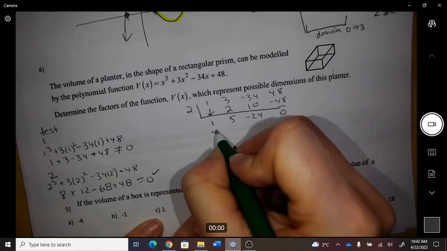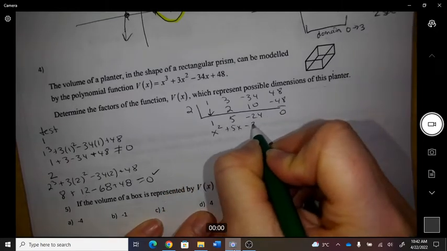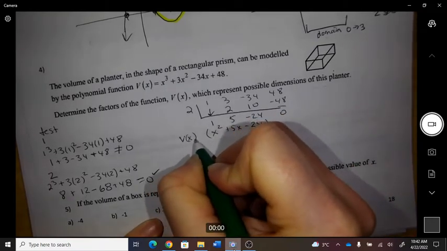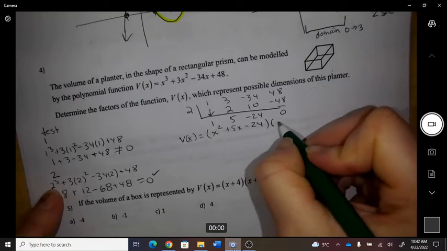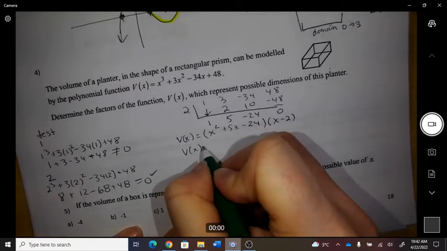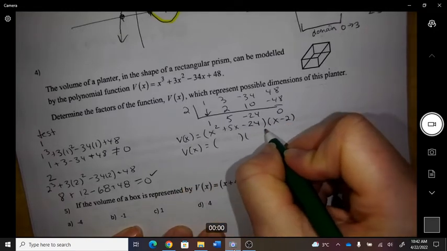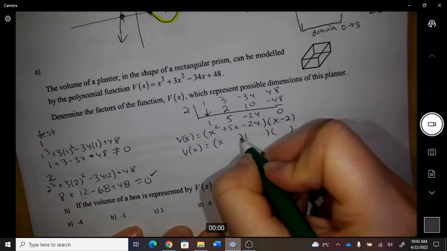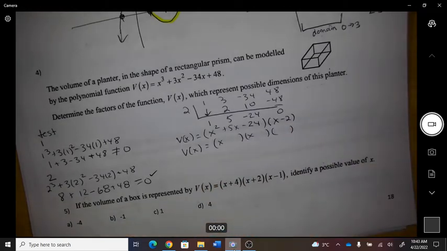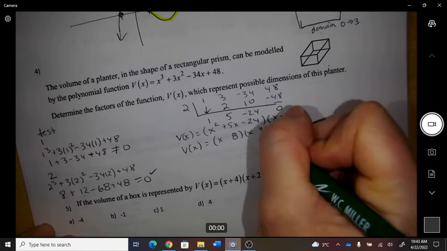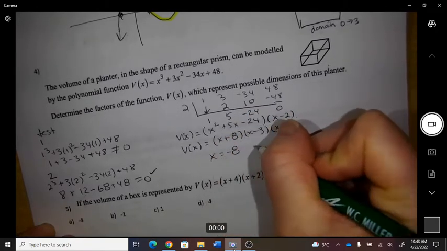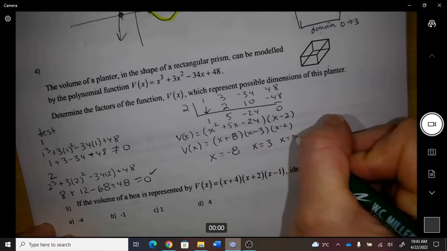So this is an x squared plus 5x minus 24. And we already had a 2 that worked, so x minus 2 was the other factor. So x, and to get the 24, I'm going to need the 8 times 3. So x equals negative 8, x equals 3, or x equals 2.